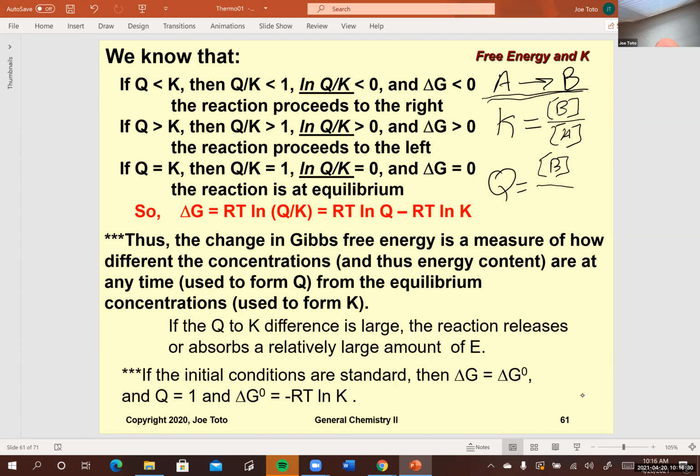So what's the difference? Looks the same to me. Are the concentrations for B and A in the K equation only for equilibrium? Yeah, good.